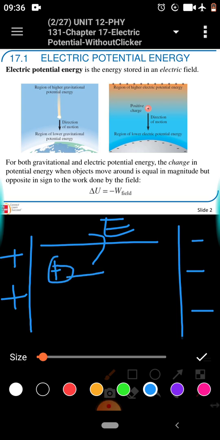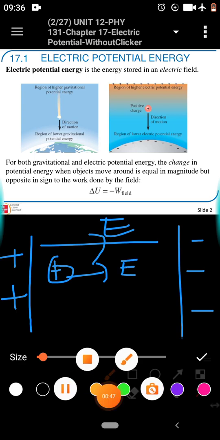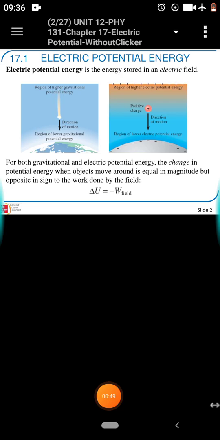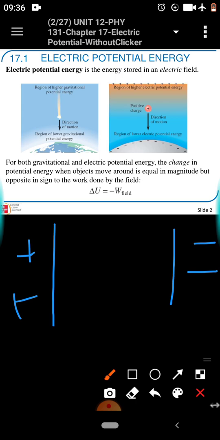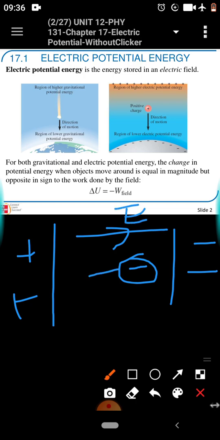Whenever we have a positive charge, it experiences a force in this direction. But whenever we have a negative charge, and yet the field goes in this direction, it experiences a force in this direction.